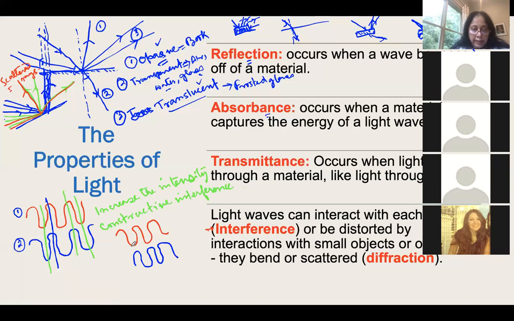You can see that this trough is going to match with the peak. You can see these are merging. So in this case, it actually decreases the light intensity. One light ray actually minuses out the other's intensity. In that case, this type of interference is called destructive interference.